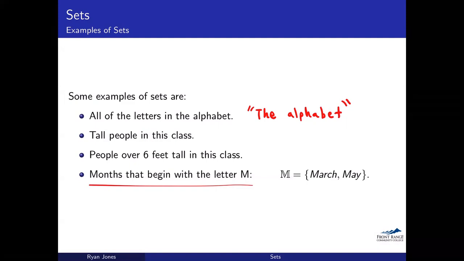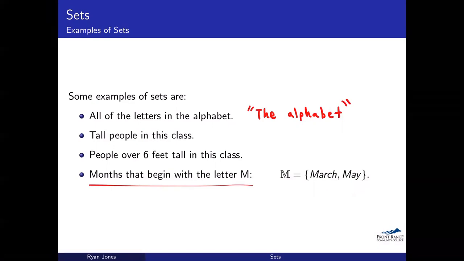So what we can do is just give it a name. And what I'm going to do is give it this script M, this fancy capital M here. And notationally, what we do is we say, okay, this fancy capital M, that's my name for this set of months that begin with the letter M. And that's equal to the set of, when I say these curly braces, that's me saying, hey, it's a set of all these things.